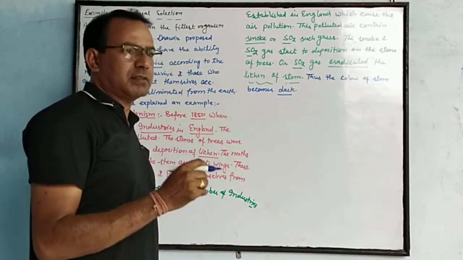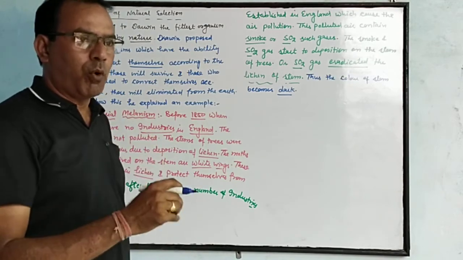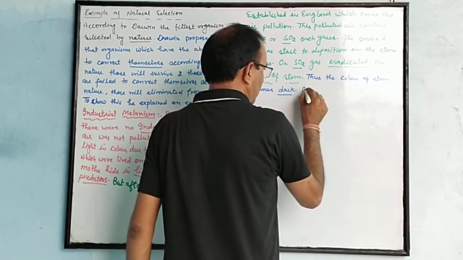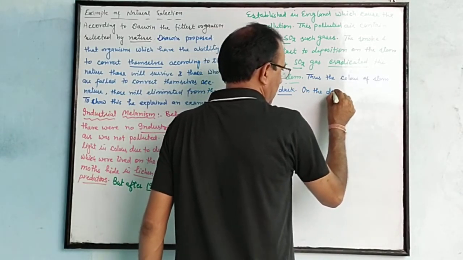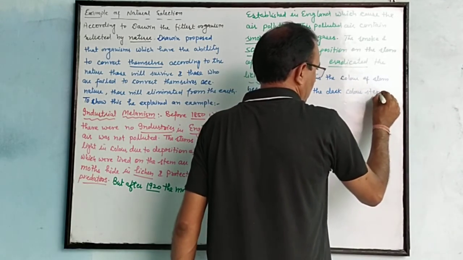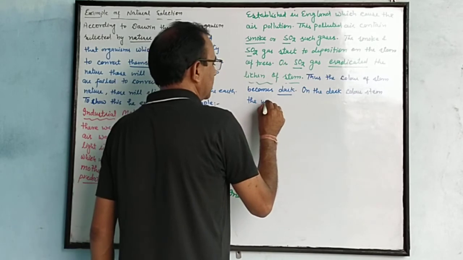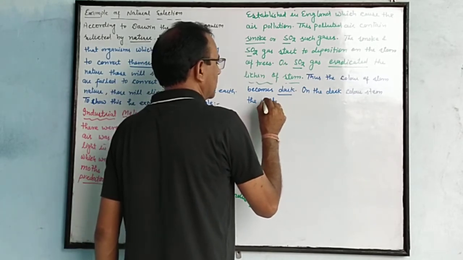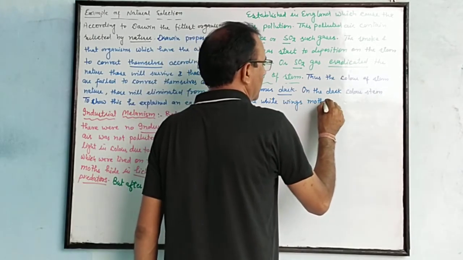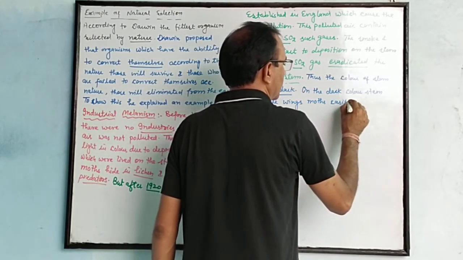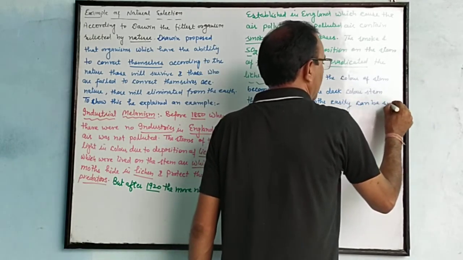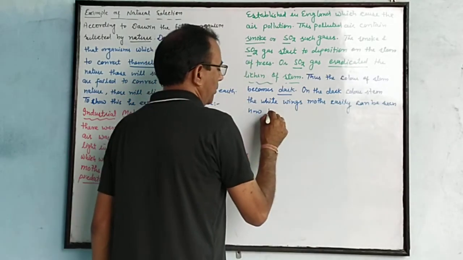On the dark-colored stem, the white wings can now be seen more easily by the predators.